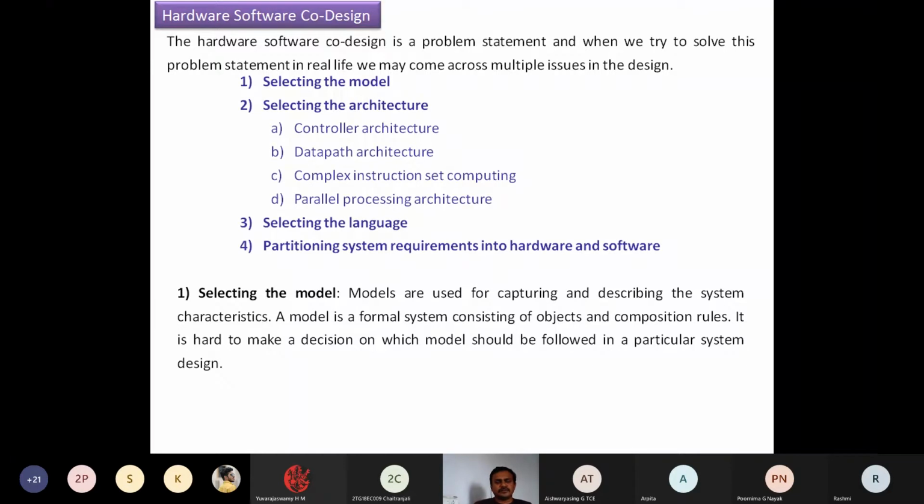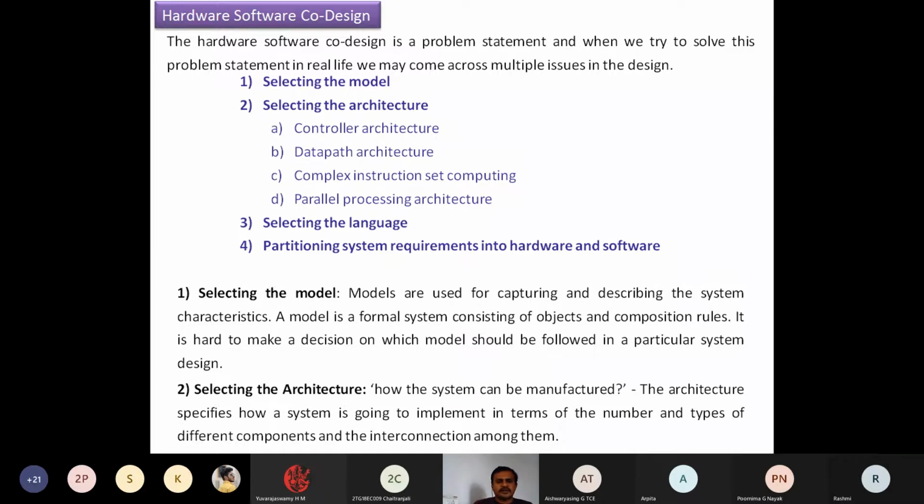So it is going to consist of the objects which are going to represent the characteristics and the rules. Then it is hard to make a decision on which model should be followed in a particular system design. So while designing a particular system, it is a little bit harder to make a decision about selecting the model.